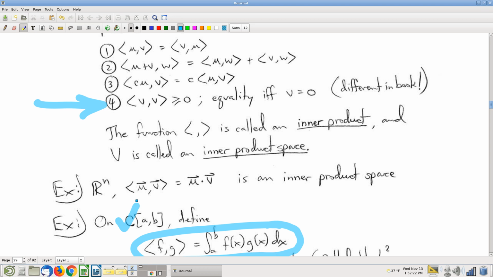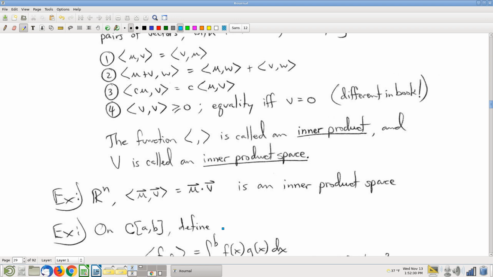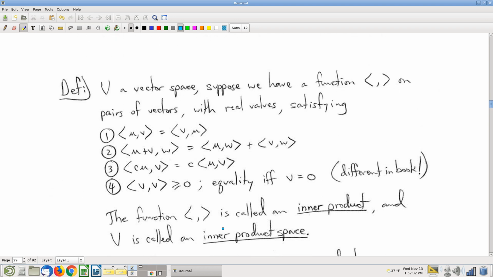Okay. All right. Before I go on, I want to call your attention to another thing. The book doesn't write this definition down the same as I do. The book writes those three properties down the same way I do, but the book writes this one down differently. Number 4.